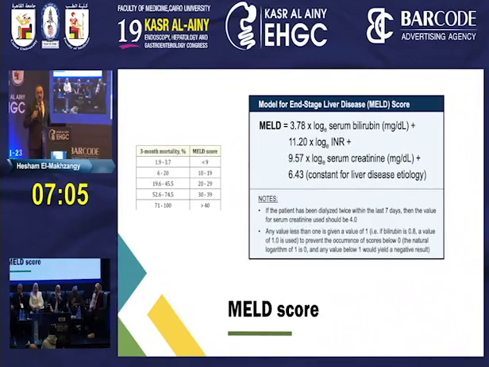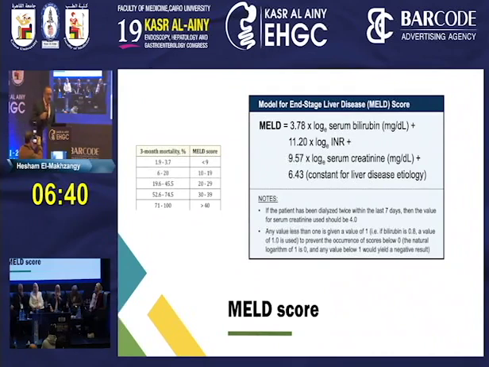In child score, we assess 2 items, encephalopathy and ascites, and these are clinical assessments, which give chance for error. So the MELD score depends on numbers. It depends on the bilirubin, on the creatinine, and the need for renal dialysis, as well as the INR. So the patient is assigned a score.